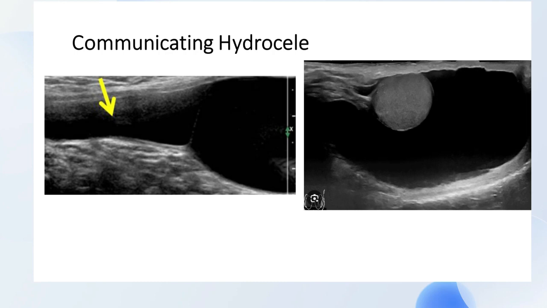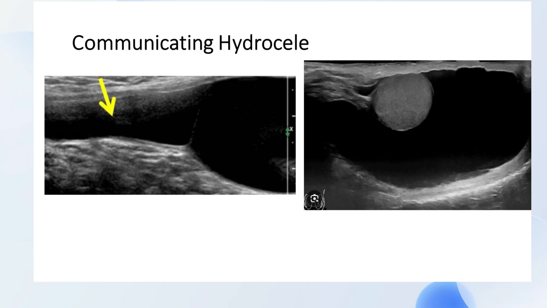There is a septum here, or a muscle, or a tissue that is supposed to be here, that's supposed to divide the scrotum from the inguinal canal, which is called the processus vaginalis. So the absence of the processus vaginalis, or incompetence or perforation, or when the processus vaginalis doesn't close, it causes communication.